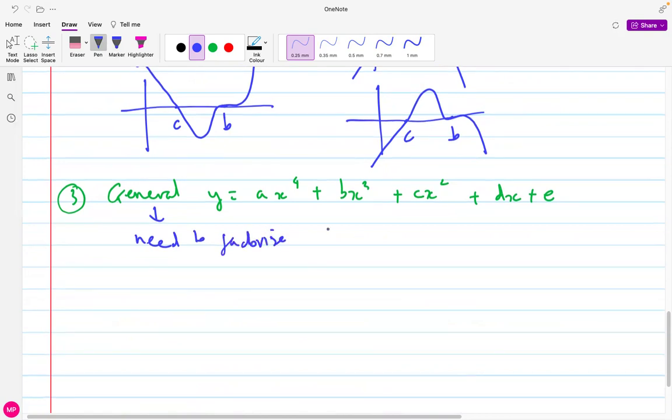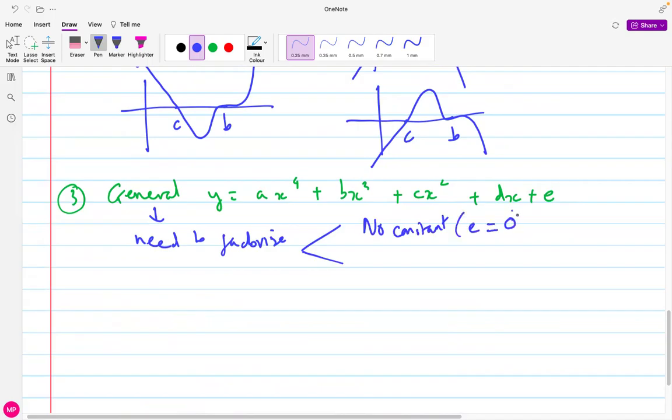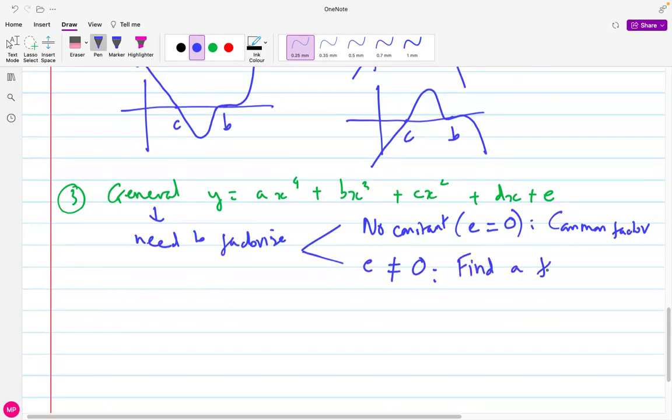And if you recall, we talked about different methods of factorizing. If you have no constant, so basically e equals 0, then the method to factorize is you take out the highest common factor. If you have a constant, so if e does not equal 0, then you're going to find a factor and draw a table out. So please watch the previous video if you're not sure.